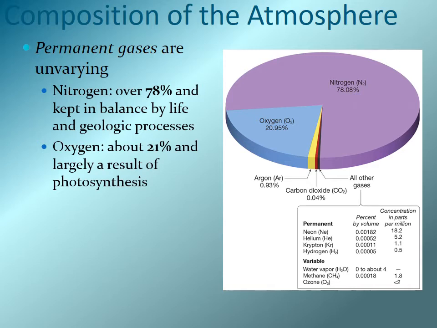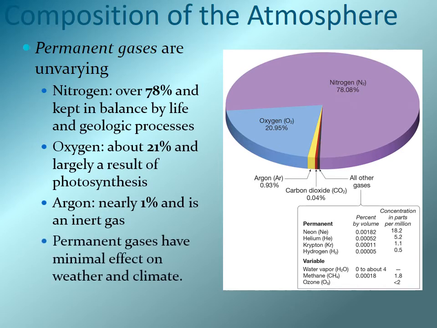So that leaves us about 1% left to put into the atmosphere. Argon is about 1%. It doesn't really do much to our weather and climate. In fact, in general, most of these permanent gases don't affect our weather and climate that much.